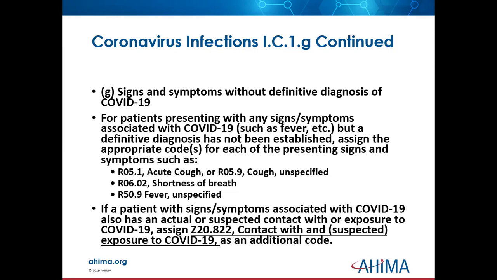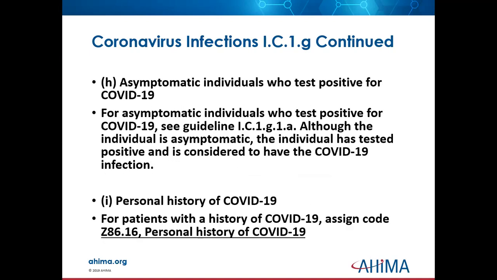However, if patients have signs and symptoms, but they have actual or suspected contact with or exposure to, then it would be, as we saw earlier, the Z20.822. And again, as we think about this, it's always mutually exclusive.